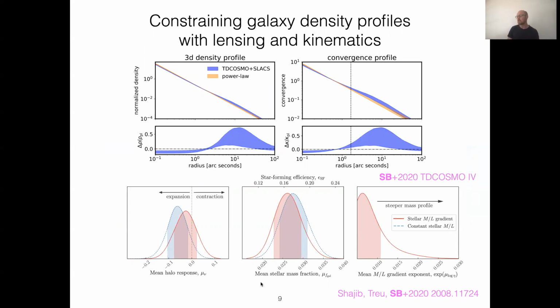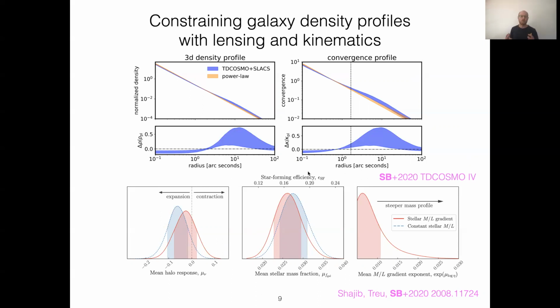What we have since done, and this is work led by Anwar Shajib, using the same data on the SLACS lenses in TDCOSMO 4, is an interpretation of these mass profiles in both kinematics and lensing observables in terms of contraction and expansion of the NFW halo of the dark matter components on one side, or a slight gradient in the mass-to-light ratio. So these are physically motivated parameterizations of the flexibility of the mass density profiles of massive elliptical galaxies.